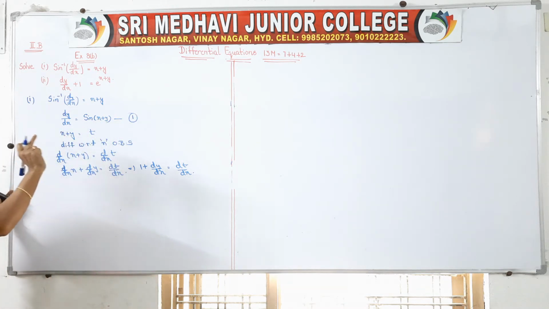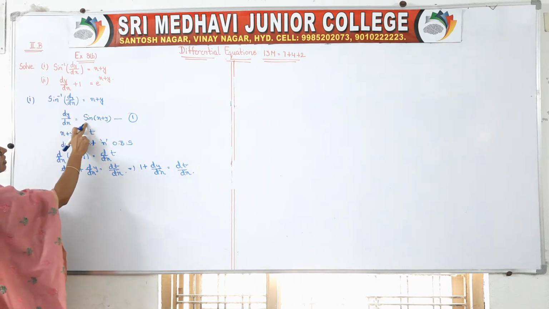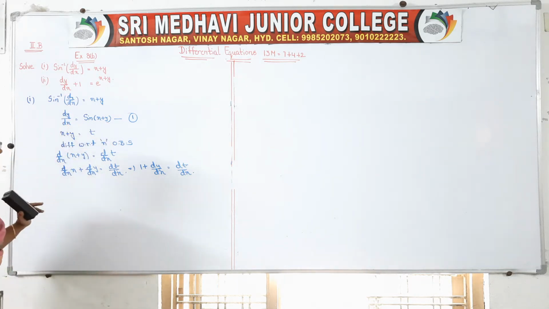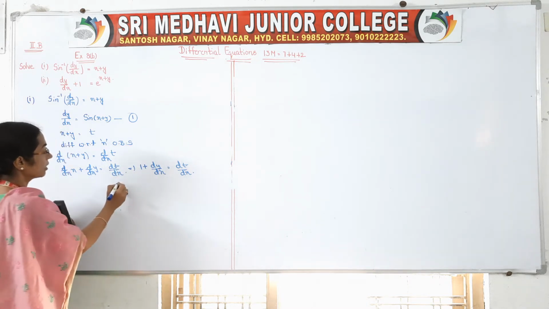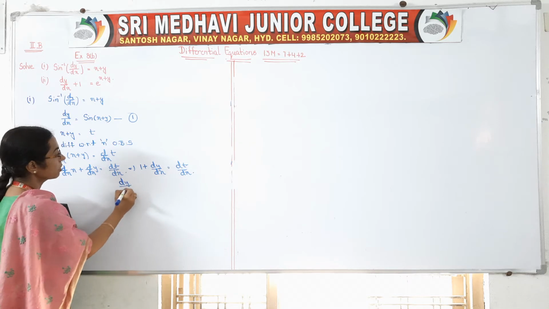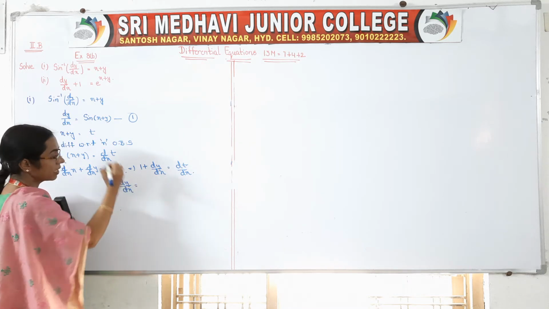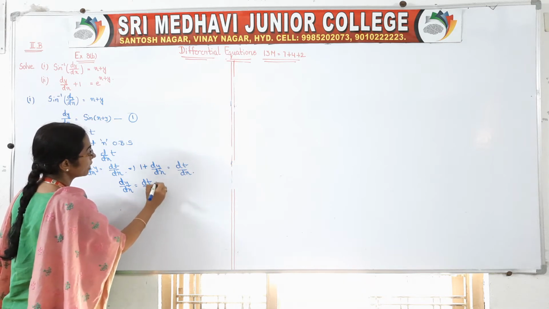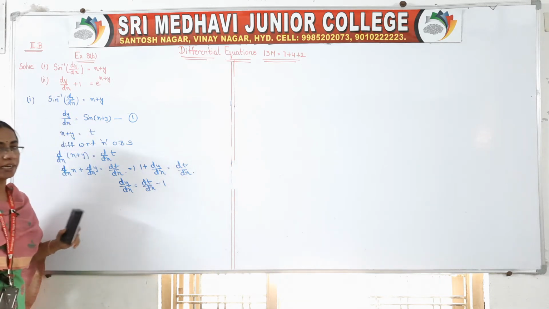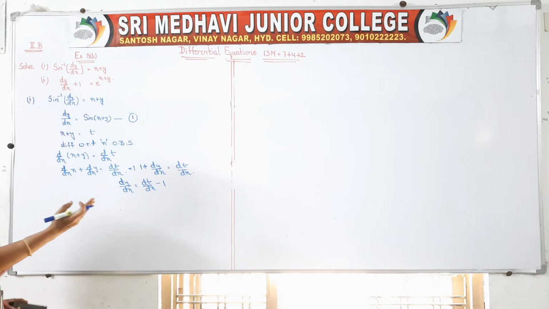Here you consider this as the first equation. In that first equation, dy by dx is equal to sine of x plus y. We want dy by dx, that's why you send this 1 to the other side. Then dy by dx is equal to dt by dx minus 1. If we send 1 that side, it becomes negative, right?